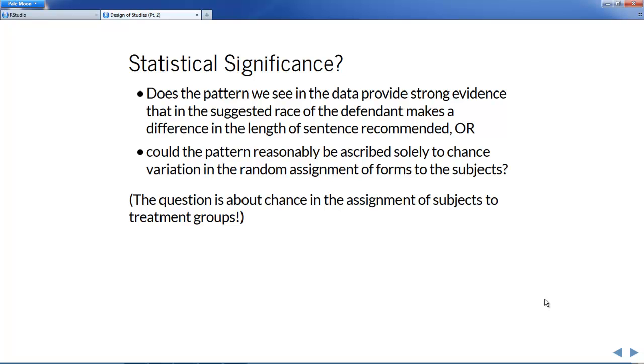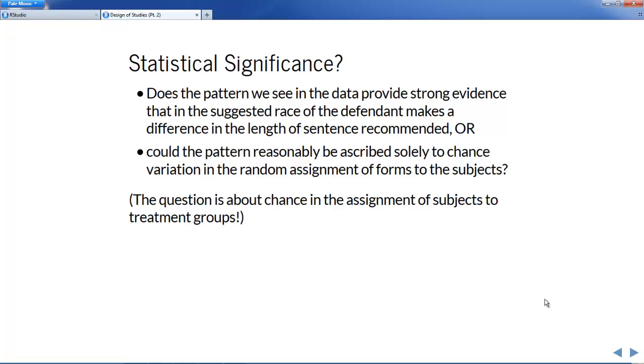But chance is still at play for the subjects in an experiment because they were randomly assigned to different groups. And so we can still ask if the differences that we see between the groups is due to some real causation, or if it's due just to chance variation in which subjects got into which groups.